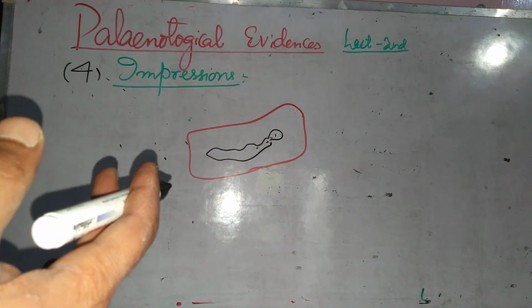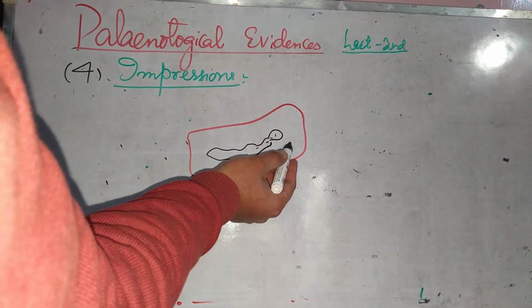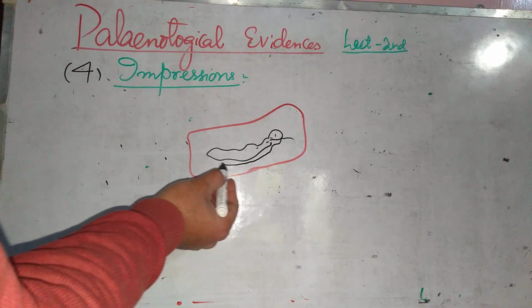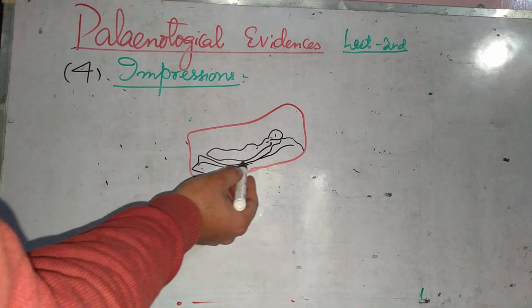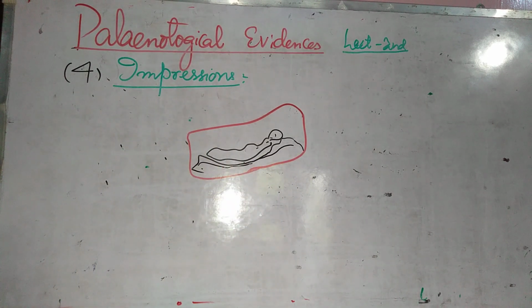So the animal is not there, but the print of this animal, the external features of this animal, can be studied from this print which has been engraved upon the rocky matter. So impressions are the type of fossils in which a print or an impression of an animal or any other living organism is engraved deep into the hard rocky matter.